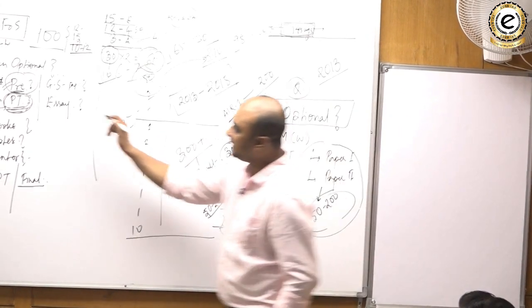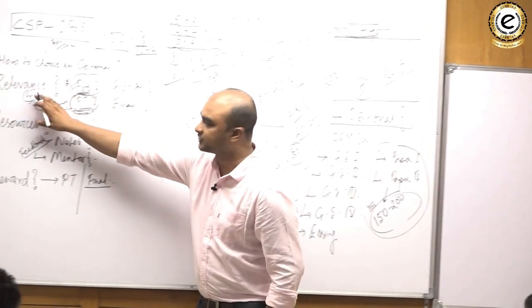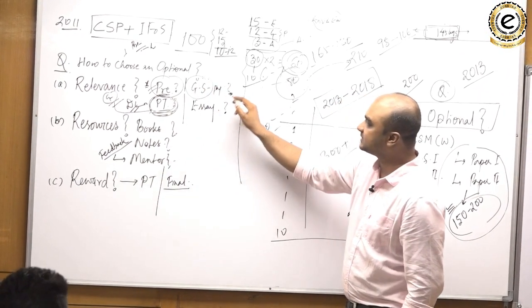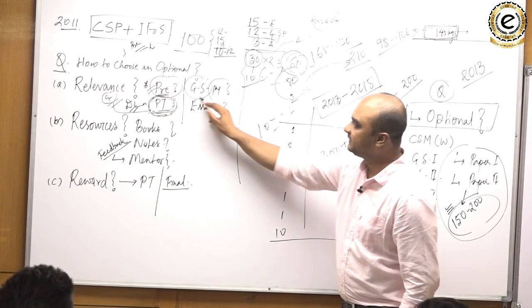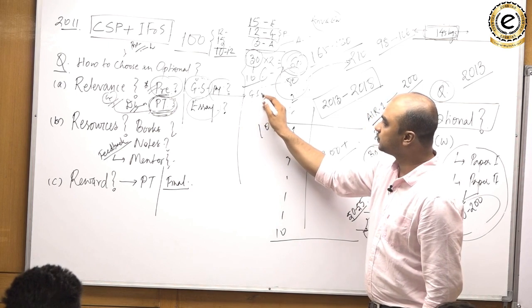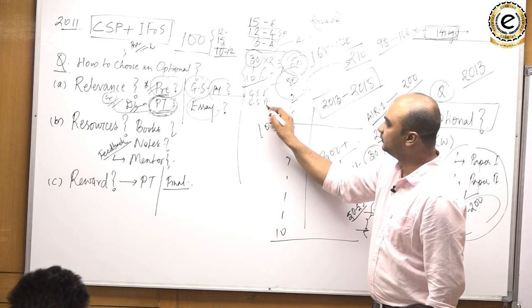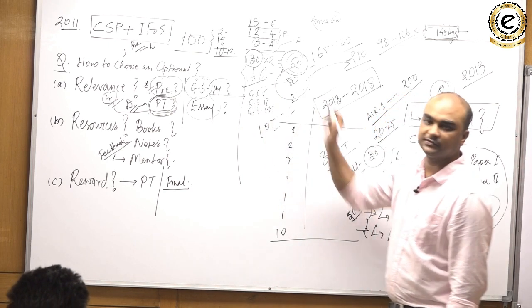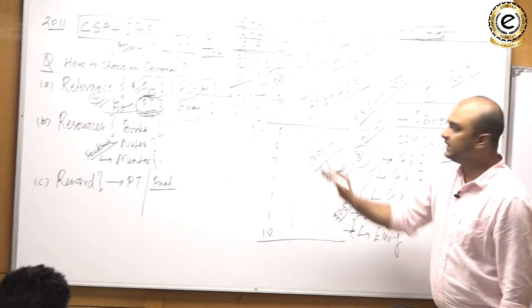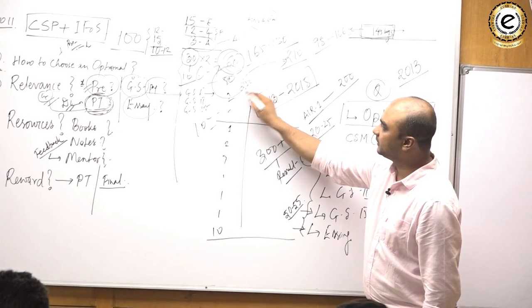Okay, let me answer the second part of this question, how much geography is relevant in GS and how much is it relevant in essay. When I say GS, let me break it down to GS1, GS2, GS3 and so on. Now look here, in GS1 it is a 250 marker paper.